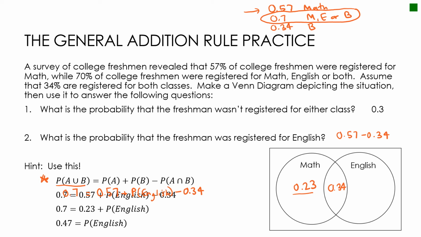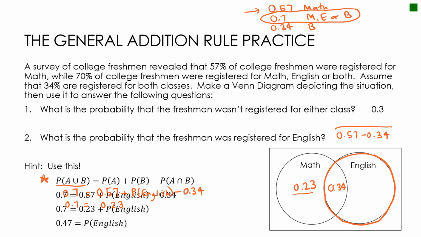So again, that's how I'm going to figure out the probability of English, and that would be everything in the English, including the 0.34. But let's go ahead and move forward with this. We can say 0.7 is equal to, if I took 0.57 minus 0.34, guess what that gives me?